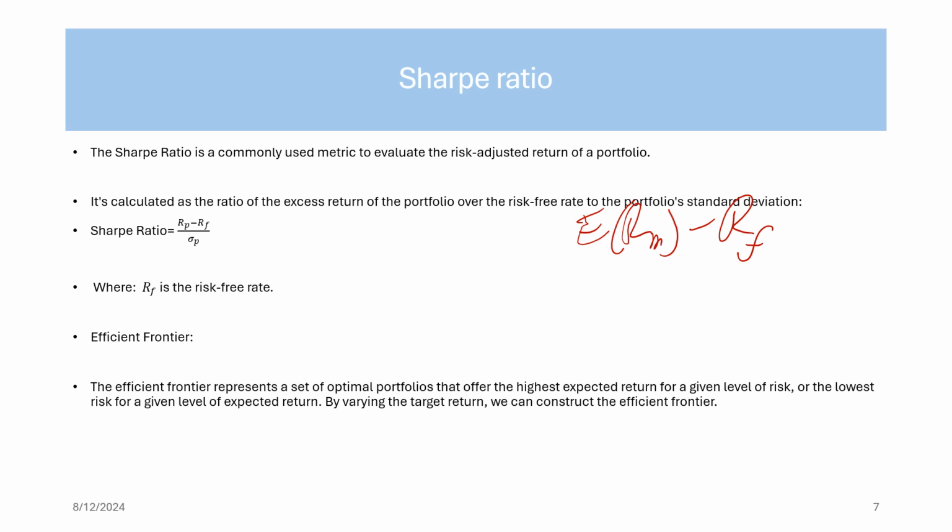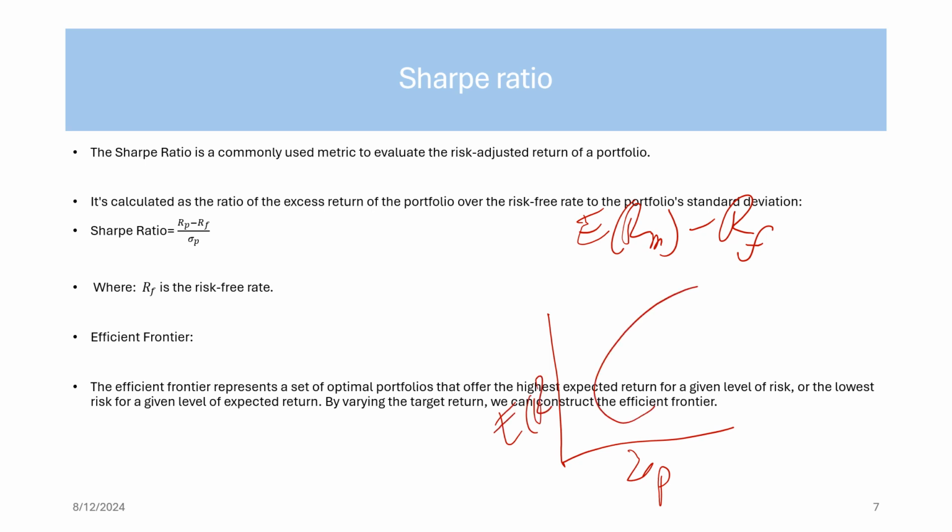Now, having done that, we now define an efficient frontier to represent an optimal set of portfolios that offer the highest expected return for a given level of risk. You will realize that this is plotted as follows. Along the x-axis, you will have the level of risk, which is your sigma_P, and then along your y-axis is your expected return.